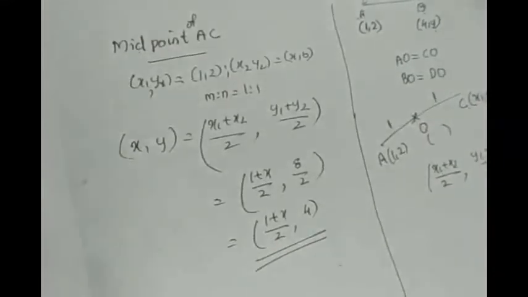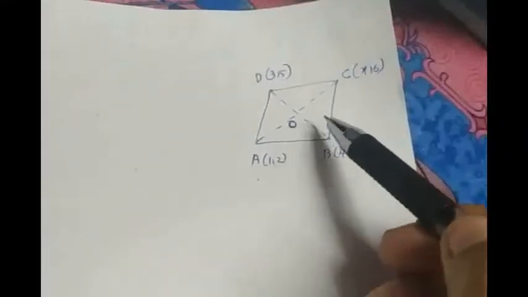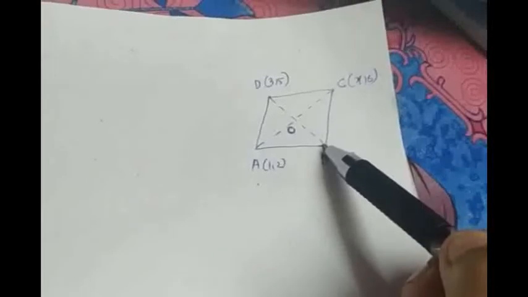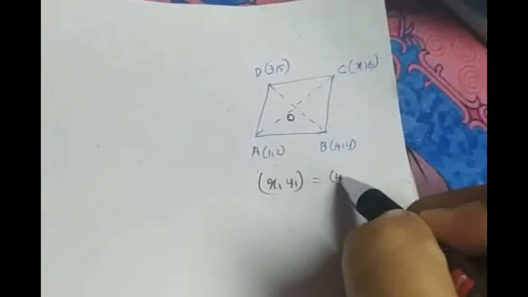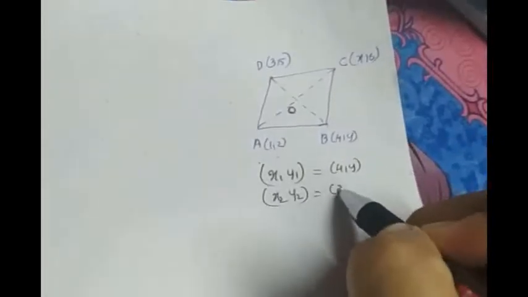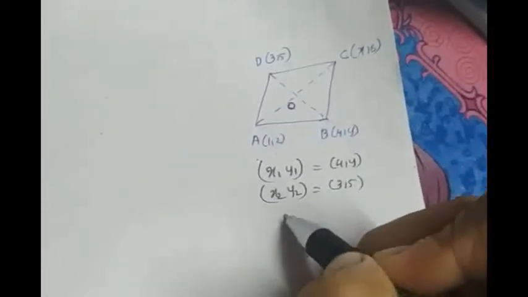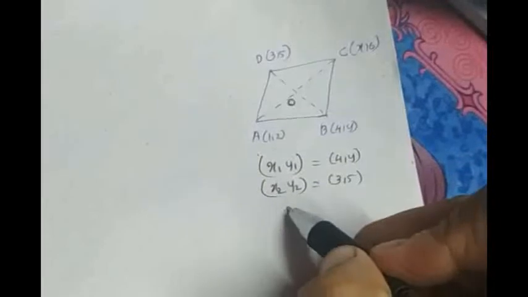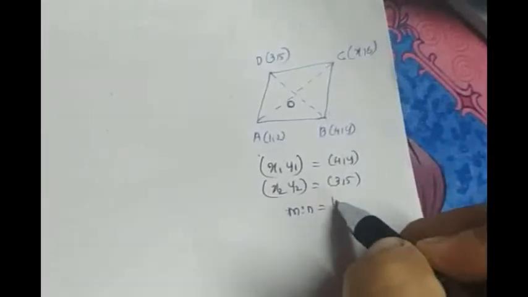Okay. Again, next, we will take the diagonal BD. O is the midpoint of BD also, isn't it? So we will take (x1, y1) as (4, y), (x2, y2) as (3, 5), and O is the midpoint of BD. We will take the ratio m is to n as 1:1. So we are now calculating the midpoint of BD.